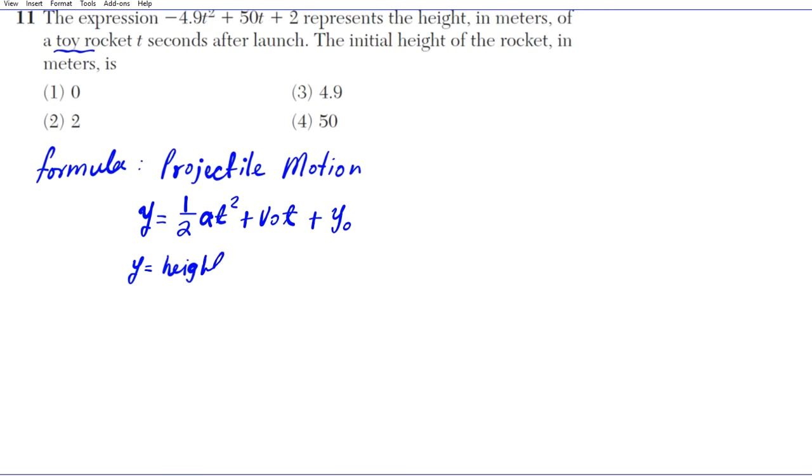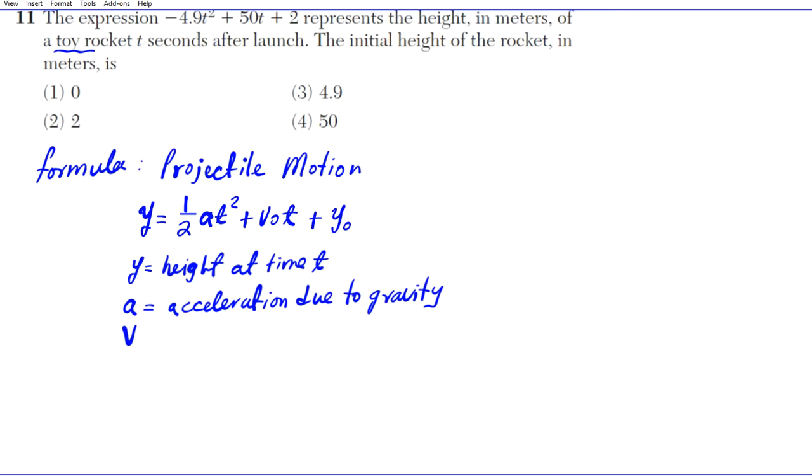So, height at time t. And then a represents acceleration due to gravity. V sub 0, this sub 0 basically means initial. V stands for velocity, so V sub 0 is the initial velocity.